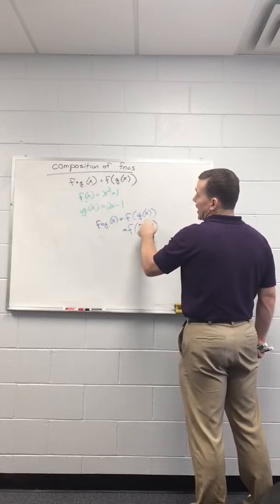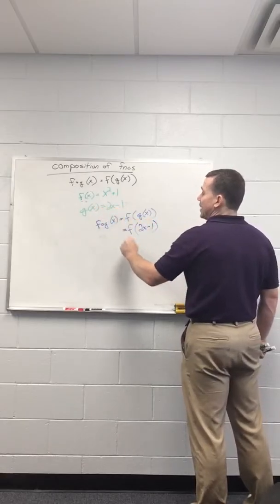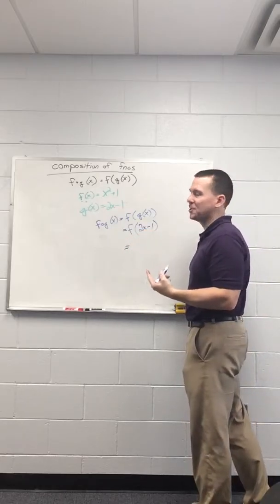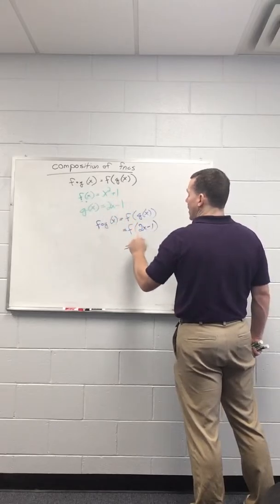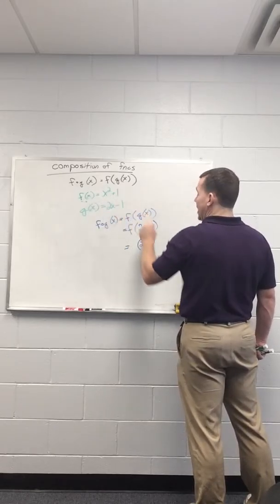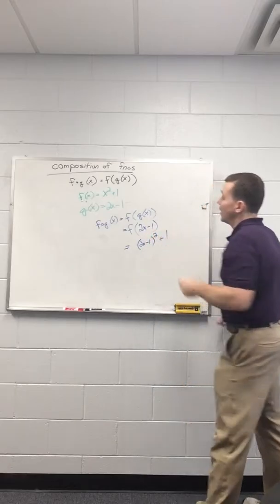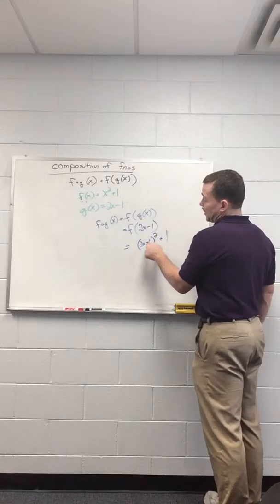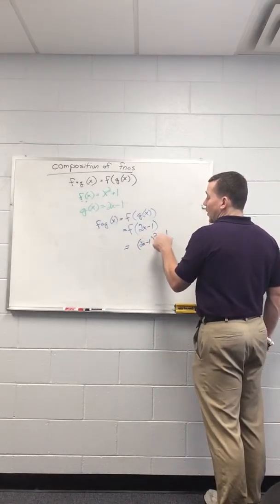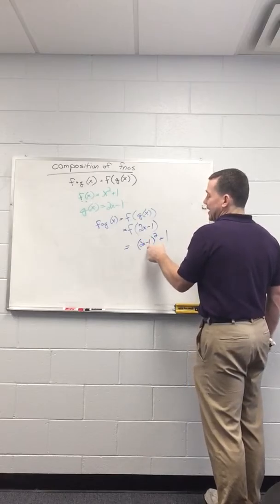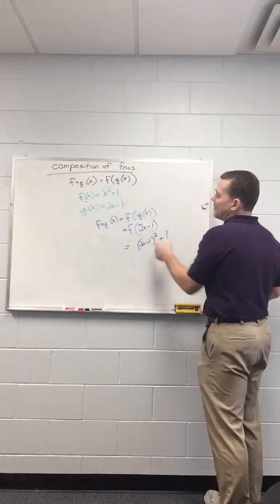So I replace g of x with what g of x is. Now I apply f to that. We've done evaluation of functions before. What does f do? It takes whatever you plug in, in my case 2x minus 1, squares it, and then adds 1 to it. And there we go. So again, if you remember our evaluation of functions, this is something squared plus 1. I just replace the something with whatever I have up here.